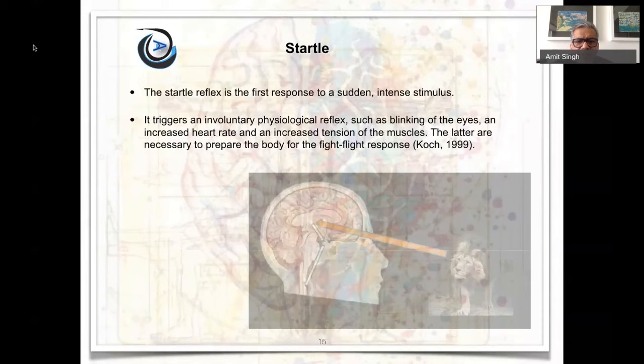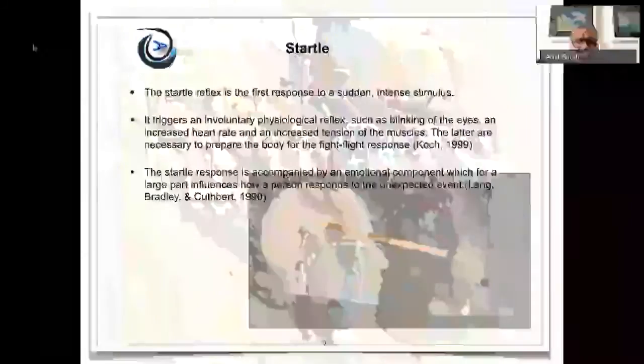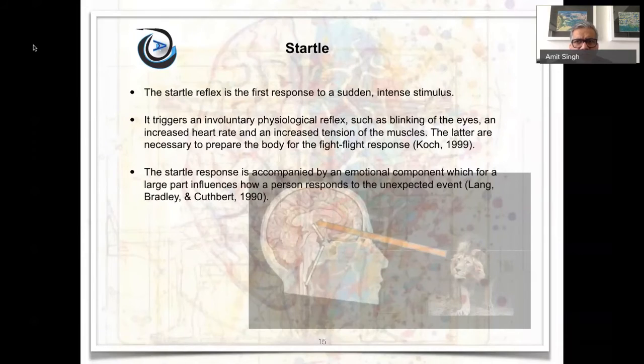The latter are necessary to prepare the body for the fight-flight response. The body is basically shutting down all other areas so that it can concentrate. The startle response is accompanied by an emotional component. For a large part, it influences how persons respond to unexpected events.